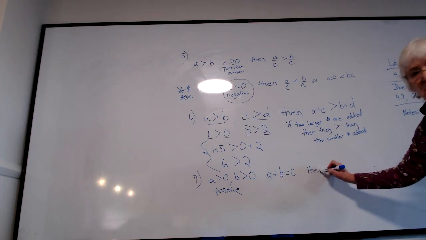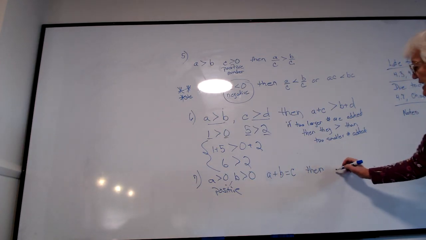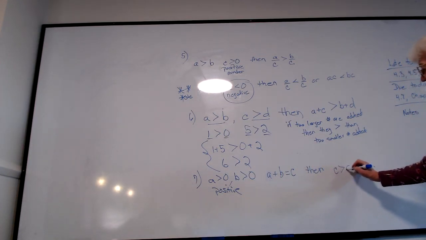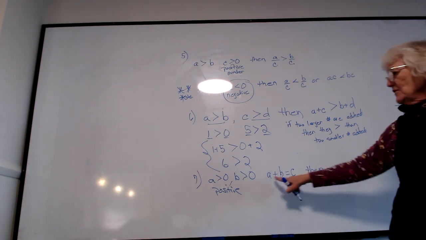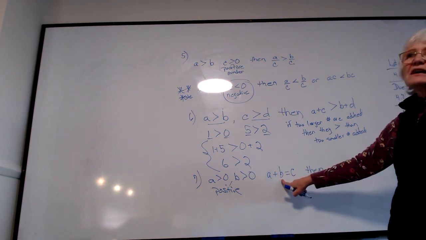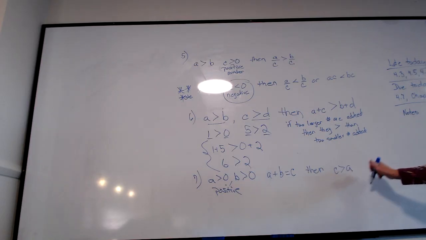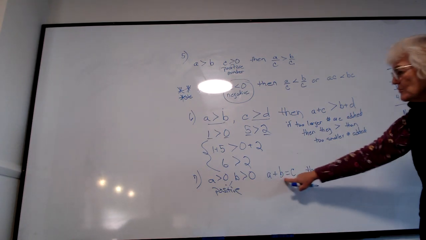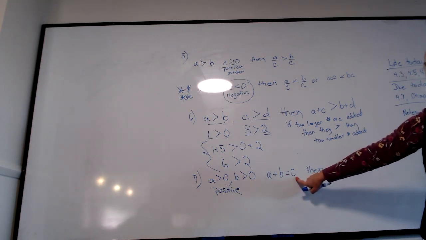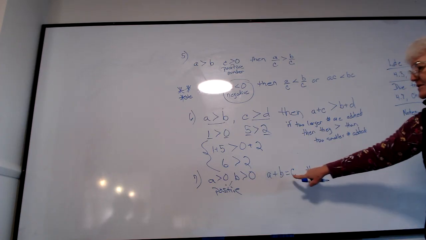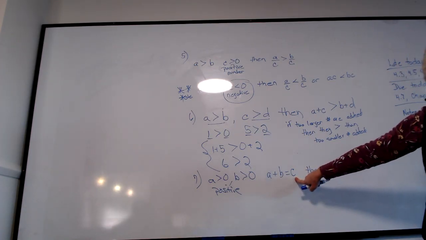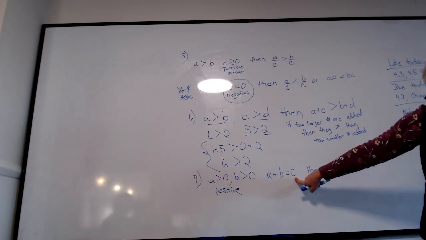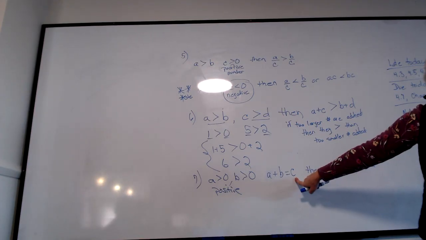Then C is going to be greater than A, because if you take A plus B and add them together to get C, C is going to be greater than A and C is going to be greater than B, because these two make C. They're both positive, so that's going to be positive.